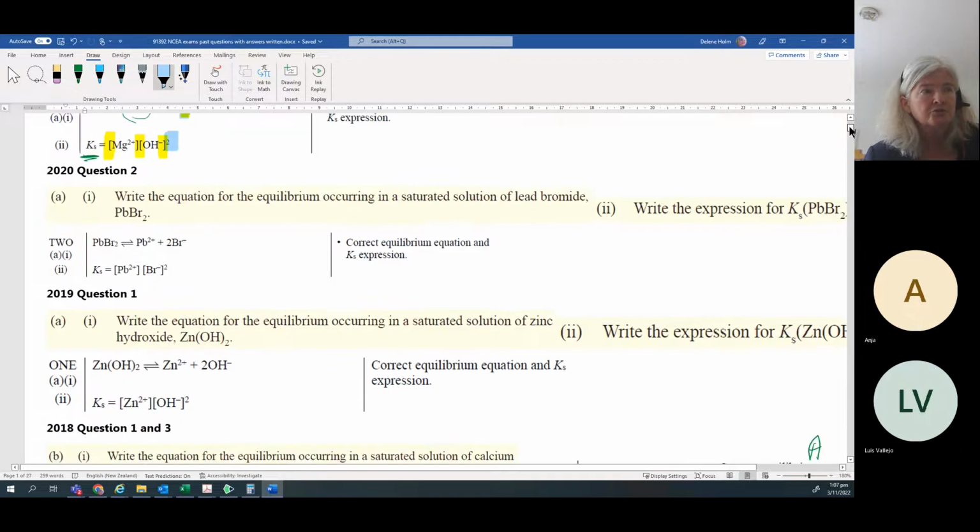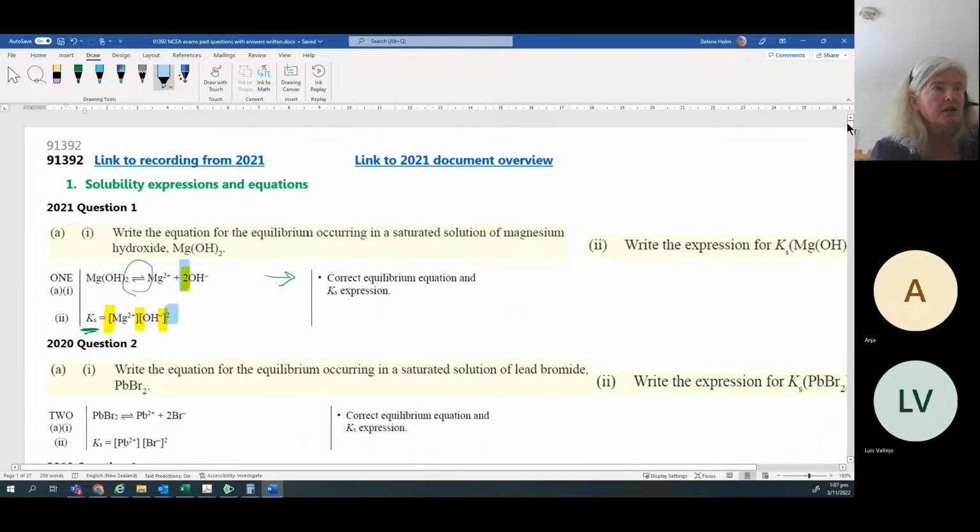And they're simple enough. You are given the formula. So they always give you the formula. So you just need to break it into its ions. So Mg, and you look it up on the periodic table, and on the periodic table you see it's in group 2, so you know it has a valency of 2, so it will have a charge of Mg2 plus.